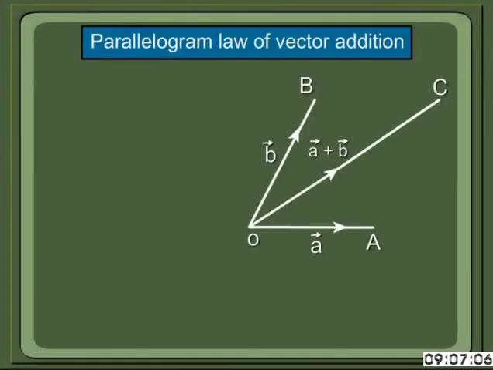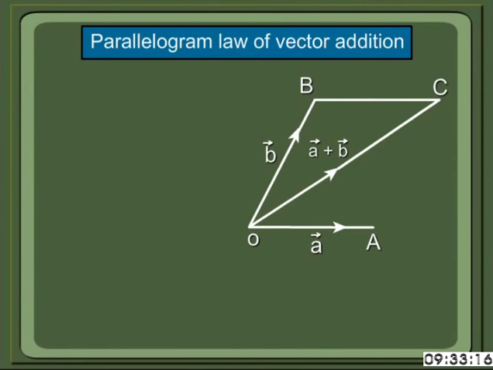Now discuss the parallelogram law of vector addition. If we have two vectors OA and OB, that is A and B, represented by the two adjacent sides of a parallelogram in magnitude and direction, then their sum, vector A plus vector B, is represented in magnitude and direction by the diagonal of the parallelogram through their common point.